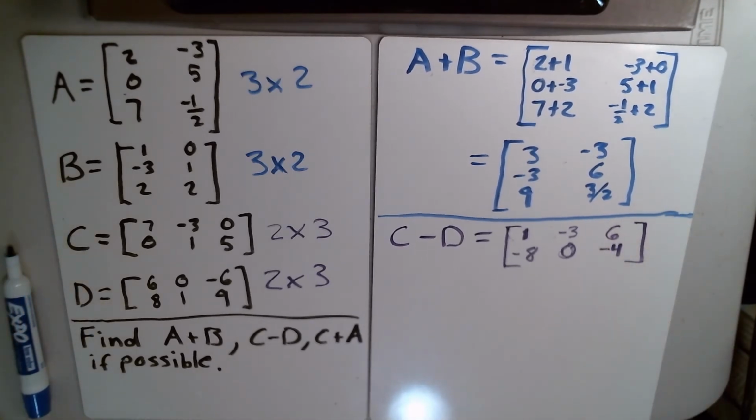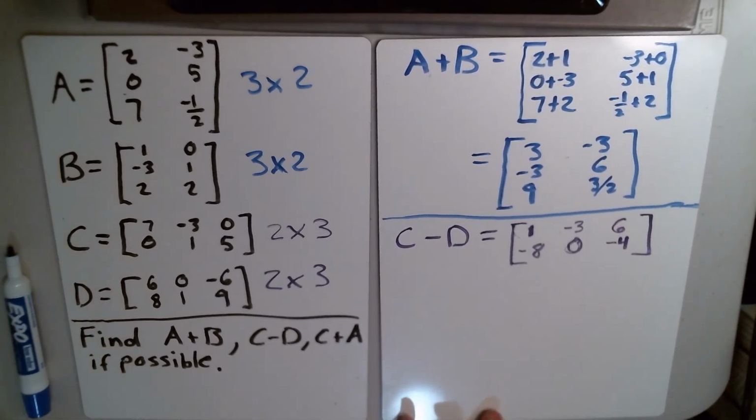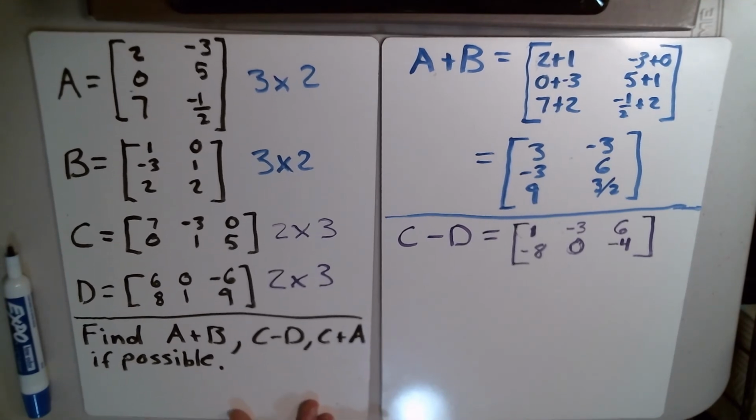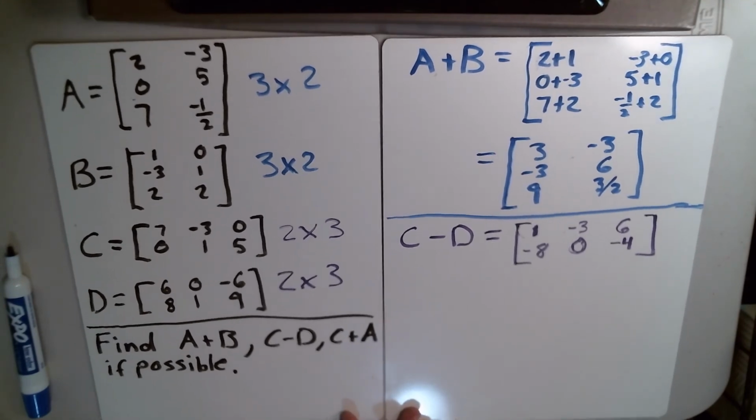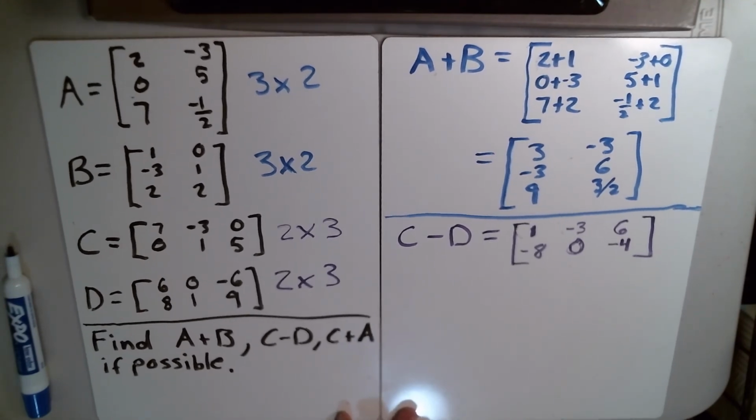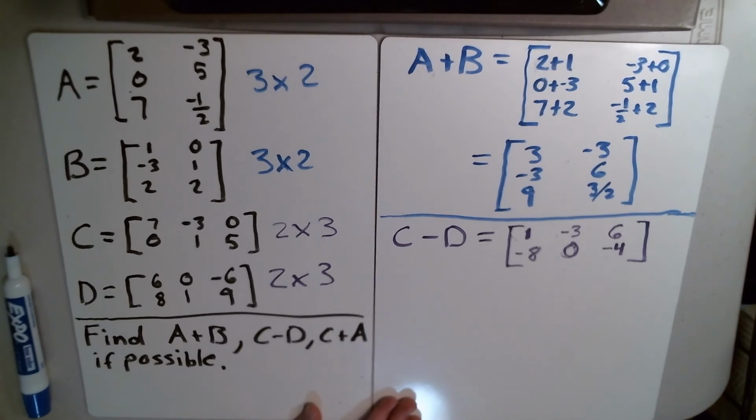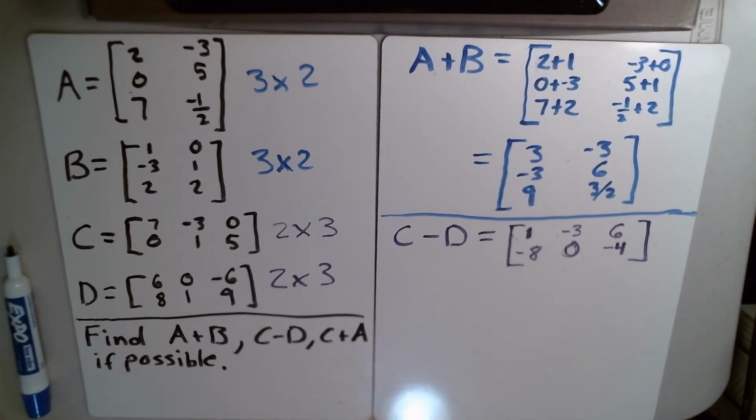So that's our subtraction of those two matrices. Oops, sorry, let me get this straight. I'm not sure that's straight, but we'll say that it's straight. So that would be our matrix there.